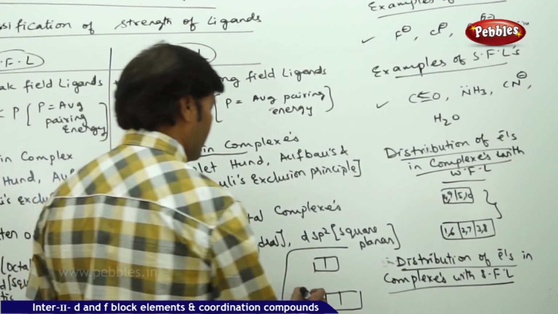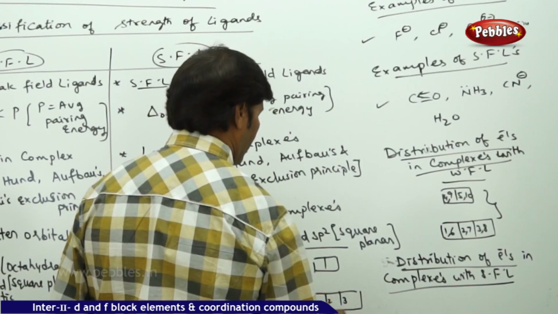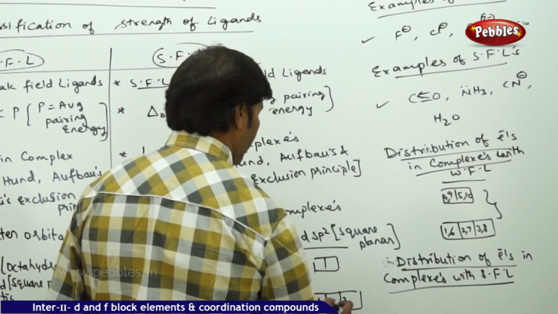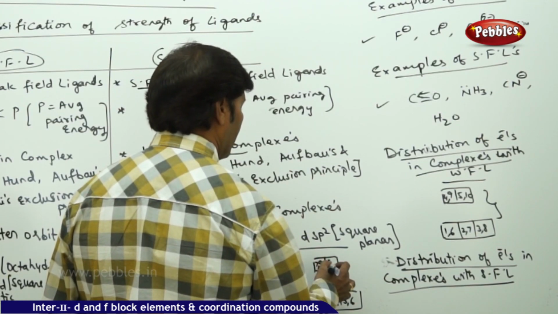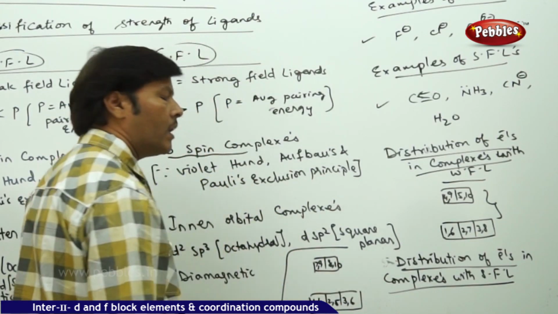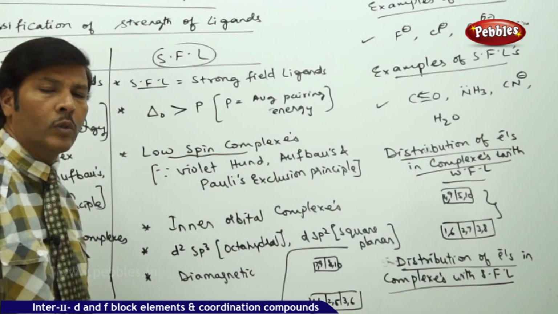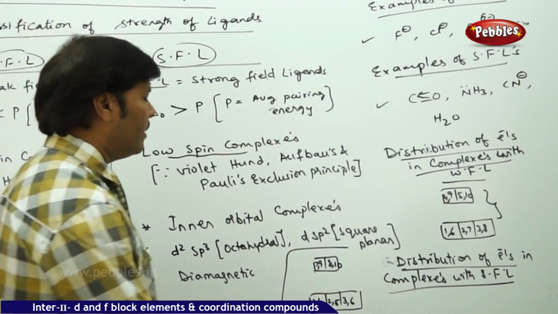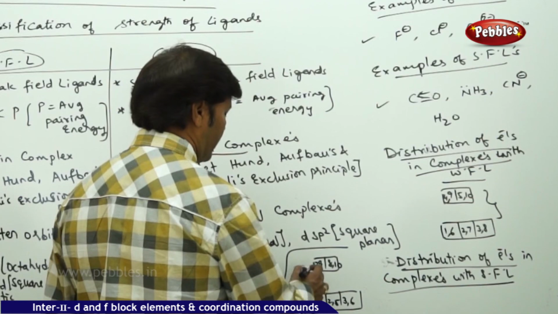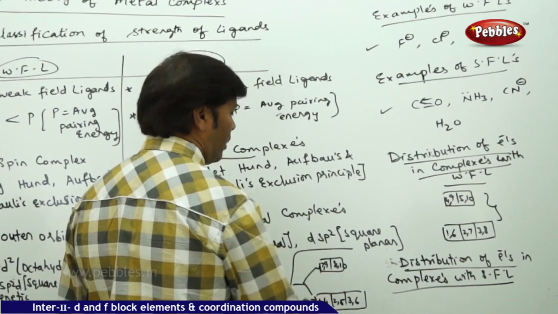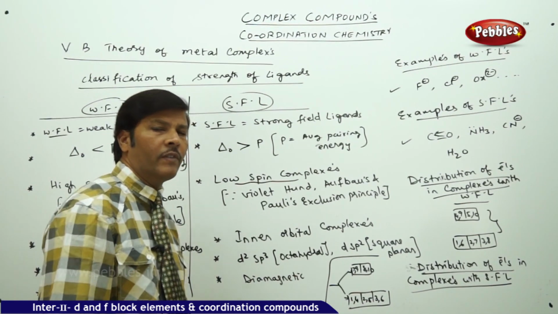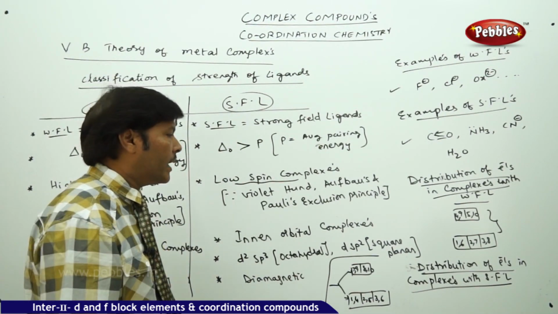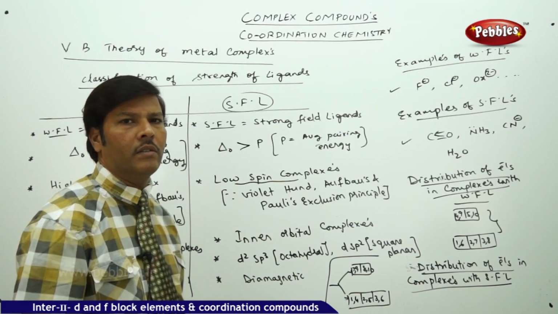Then you fill 1, 2, 3, 4, 5, 6, 7, 8, 9 and 10. That means they are not obeying Hund's rule and the Aufbau principle. That's why the pairing takes place in this pattern. So now it is very clear that there is a lot of difference in the distribution of electrons for the weak field ligands as well as the strong field ligands in given complexes.